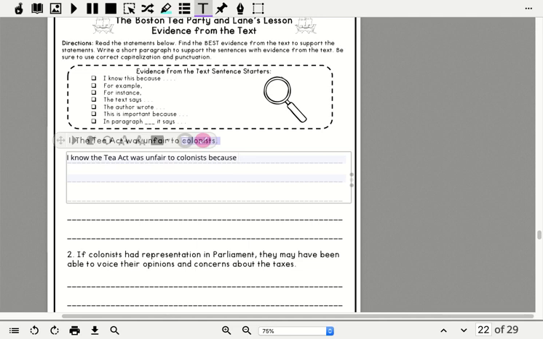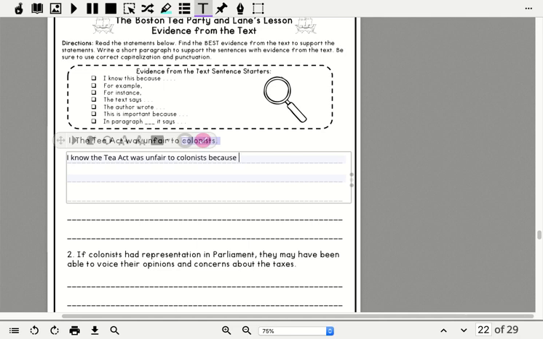so now I'm going back and I'm looking in my stories. We can look at the Boston Tea Party, and I'm still looking at the before the party part. I'm looking towards the bottom where it tells me the Tea Act only allowed colonists to buy tea from a British company.